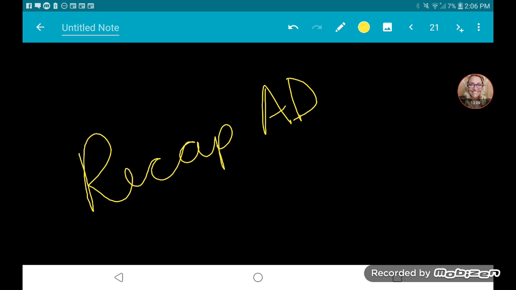The major risk factor for this is advancing age. We use cholinesterase inhibitors and NMDA antagonists.